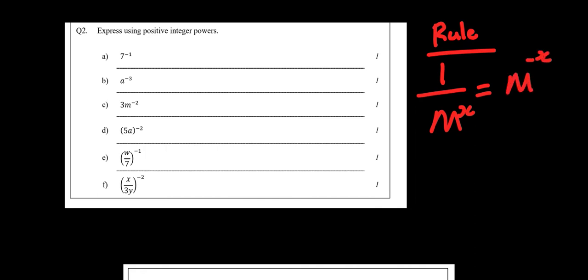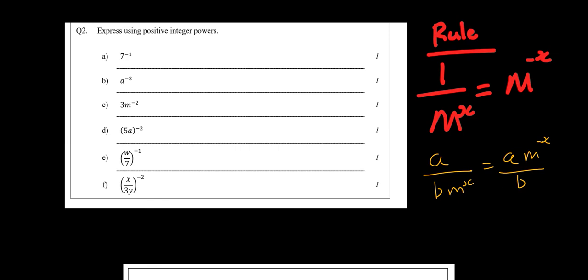Now we must be very careful, because we have some complications like a over b m to the x. Well, we're only taking the power up, so that just becomes this.